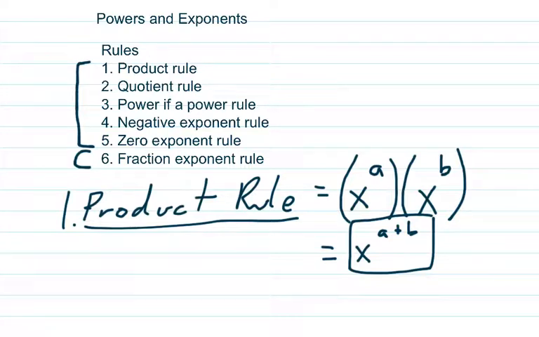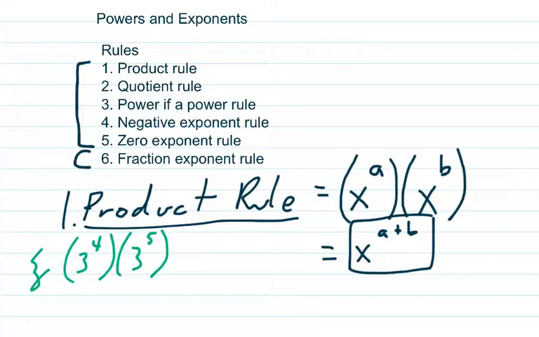So I'm going to do a quick example over here. I'll put it in green so we can really see it. Let's do a simple one like 3 to the 4, times that by common base 3 to the 5. Now, if I use what we know about expanding out exponents, that an exponent tells us to multiply a base by itself that many times.